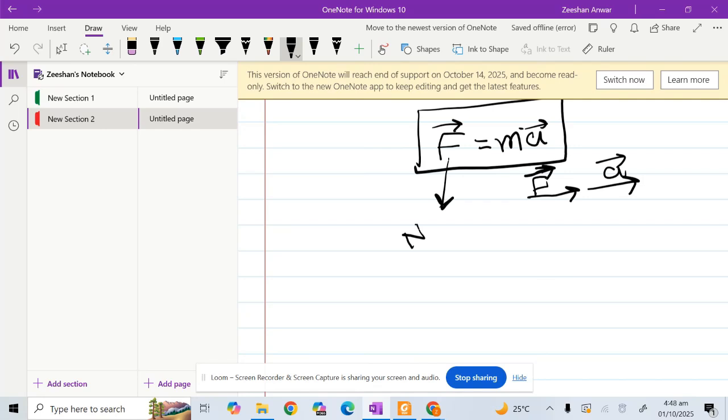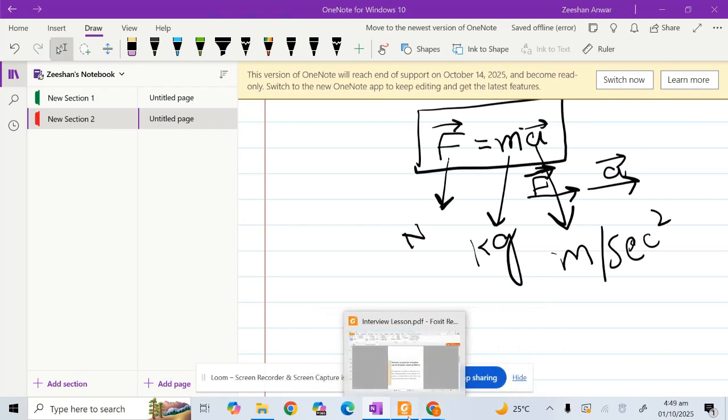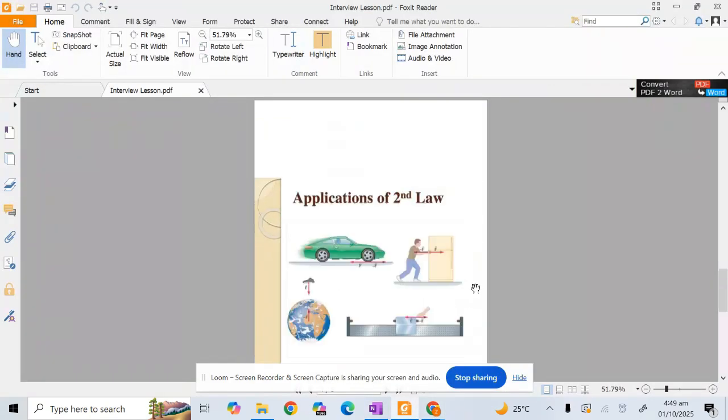Newton gave us that law, and for its recognition the unit of force was named after him. The unit of force is Newton, the unit of mass is kg, and the SI unit of acceleration, we are discussing the SI unit here, is meter per second square.